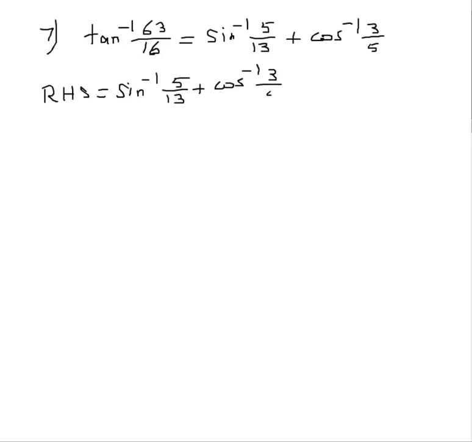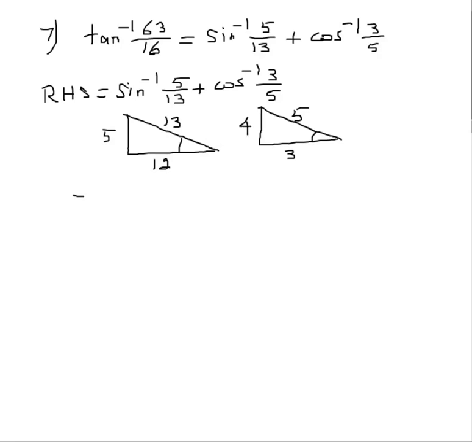We will use triangle method, change them to tan inverse. The values are positive, so first quadrant angles. Sine is opposite by hypotenuse. We can calculate the adjacent side is 12. Here again triangle method. Cos is adjacent side by the hypotenuse, therefore the opposite side will be 4 by Pythagoras theorem.